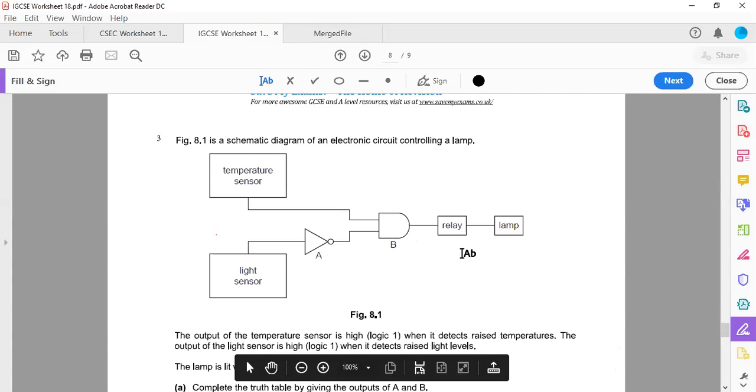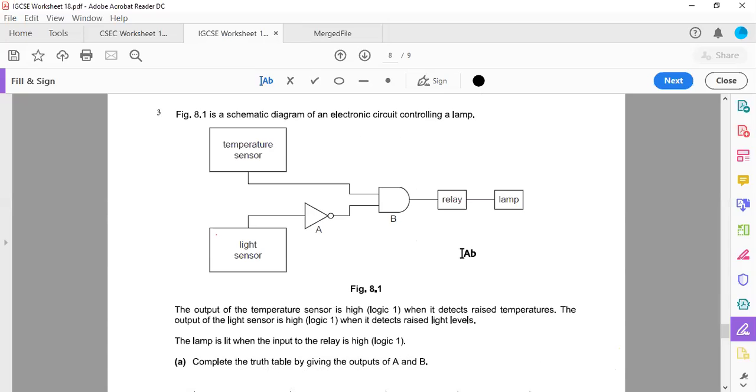We're moving on to this question here now. The question says figure 8.1. Figure 8.1 is a schematic diagram of a logic circuit controlling a lamp. At A, what type of gate is that?